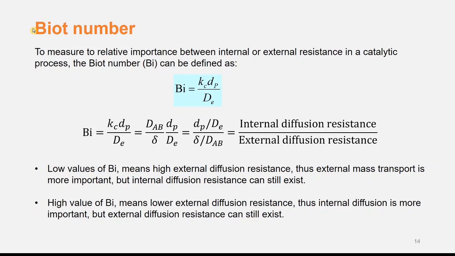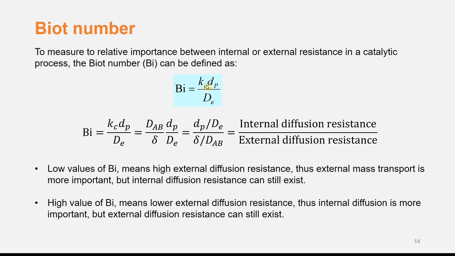A dimensionless number, the Biot number, has been defined to describe the relative importance between internal and external resistance in catalytic processes. It is defined as Bi, which is equal to the mass transfer coefficient kc times the catalyst particle diameter dP divided by the effective diffusivity DE.